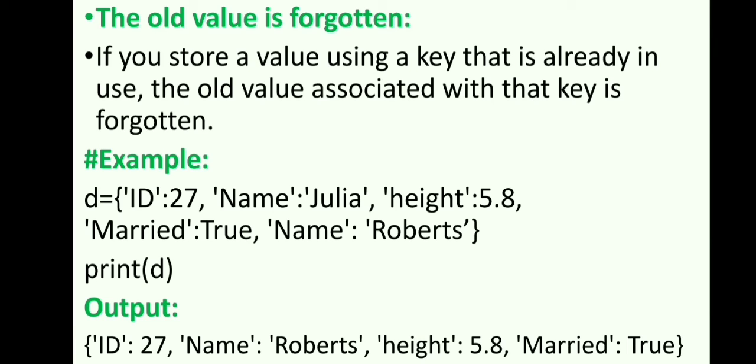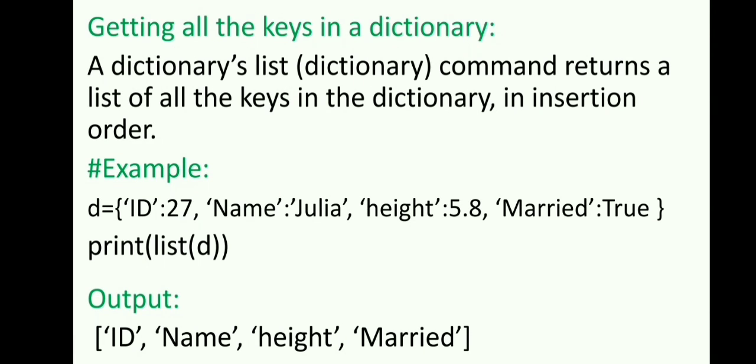In this case, the old value Julia will be forgotten. So the output will be Roberts instead of Julia.